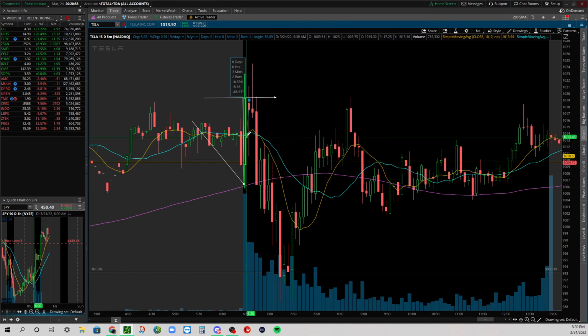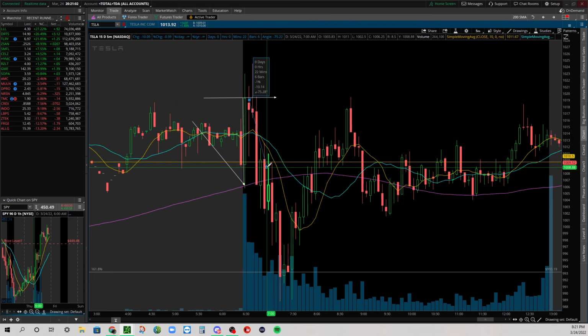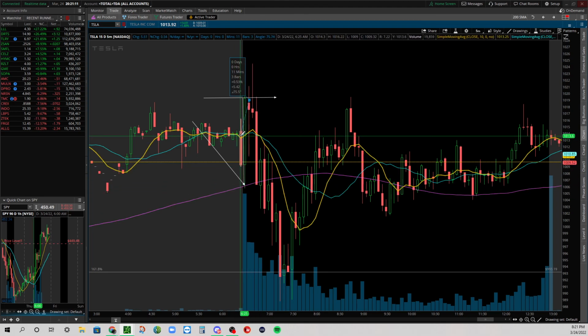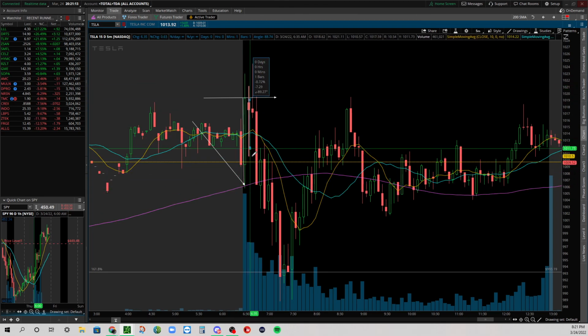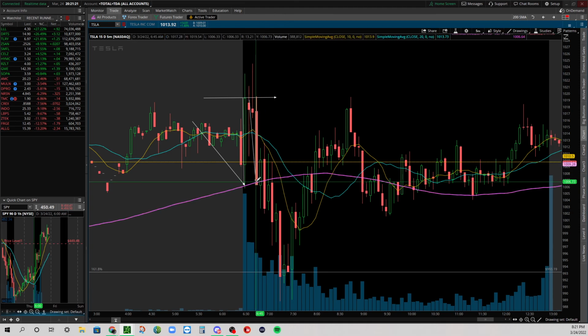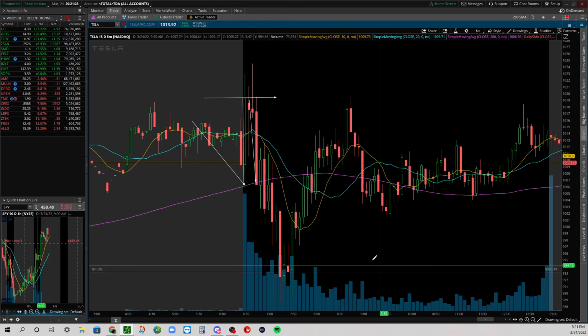I don't blame you for holding on, possibly getting stopped out the moment this candle flushed again. Remember, the second time it tests a support level, it gets weaker. It tested once, popped up, tested again, and then the next try it broke.